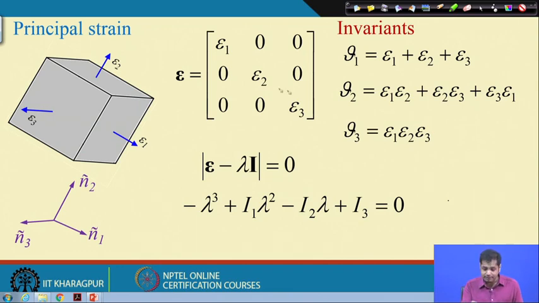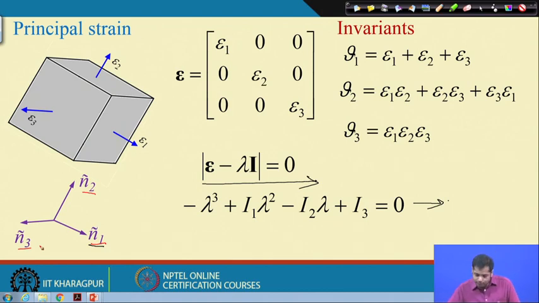Similarly, epsilon 1, epsilon 2, epsilon 3 can be obtained by eigenvalue analysis, and this is the corresponding characteristic equation. Please note that the eigenvalues are epsilon 1, epsilon 2, epsilon 3, and the corresponding eigenvectors give you n1 tilde, n2 tilde and n3 tilde, which are the principal directions.